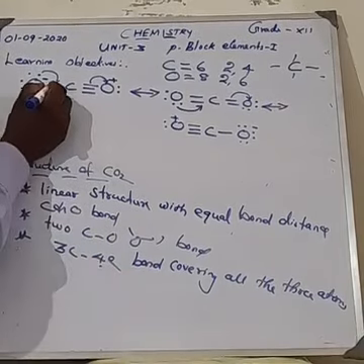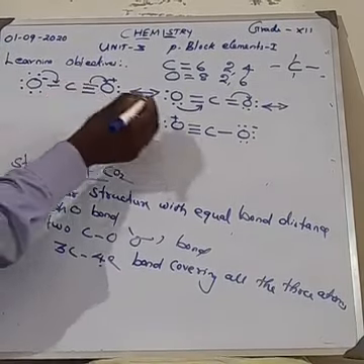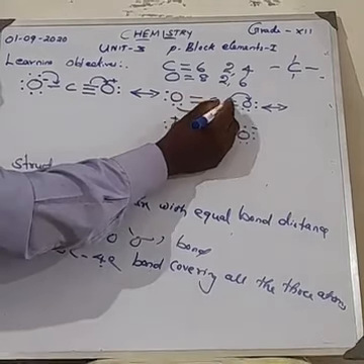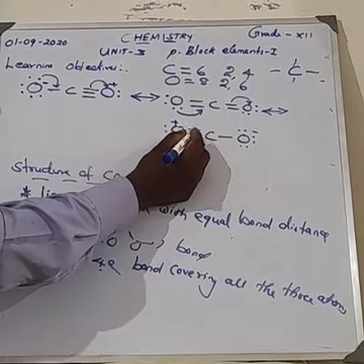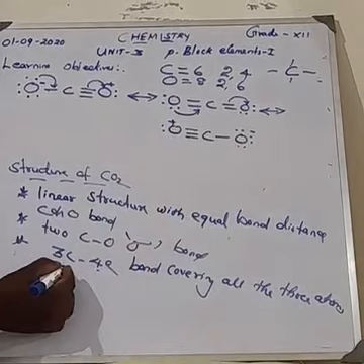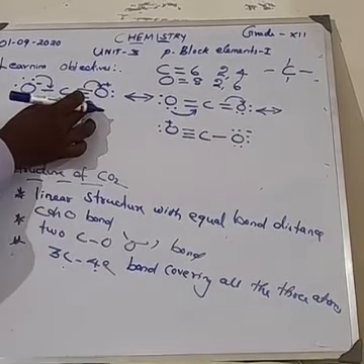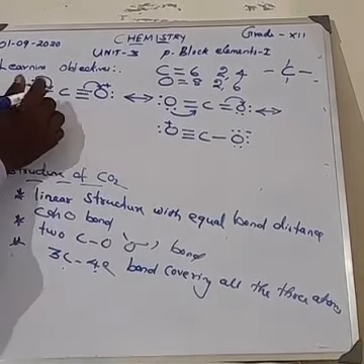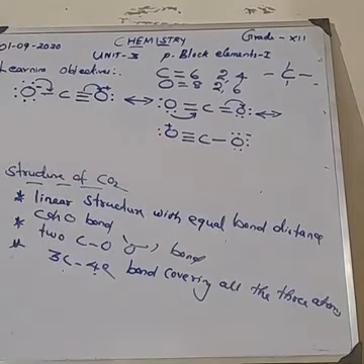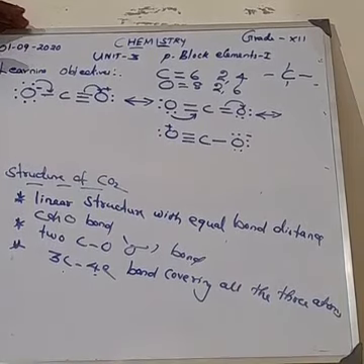That is 1, 2, 3, 4. Here also 1, 2, 3, 4. This is the 3 center, meaning 3 atoms having a center, with 4 electrons. 1, 2, 3, 4. This is the structure of carbon dioxide.